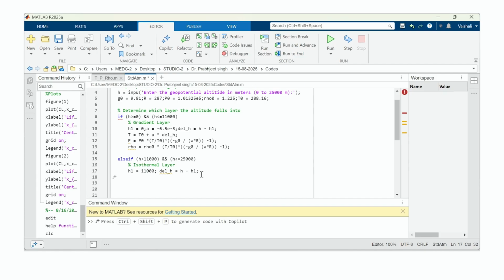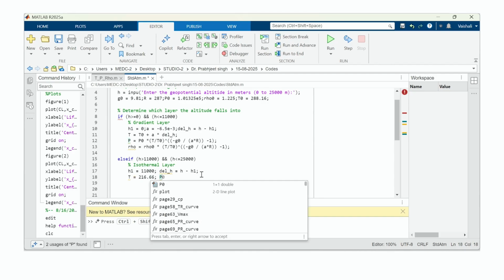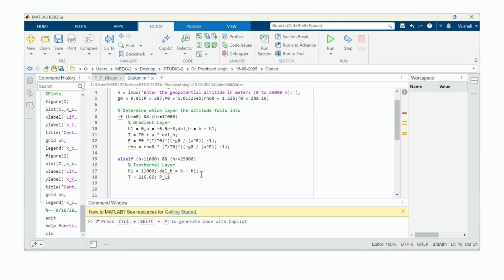Now what is the temperature? Yes, temperature is constant, that is 216.66 Kelvin. Alright, what is the pressure? At 11 kilometers, that is also known to us. So I am writing here the pressure at 11 kilometers, that is around 22,615.57.